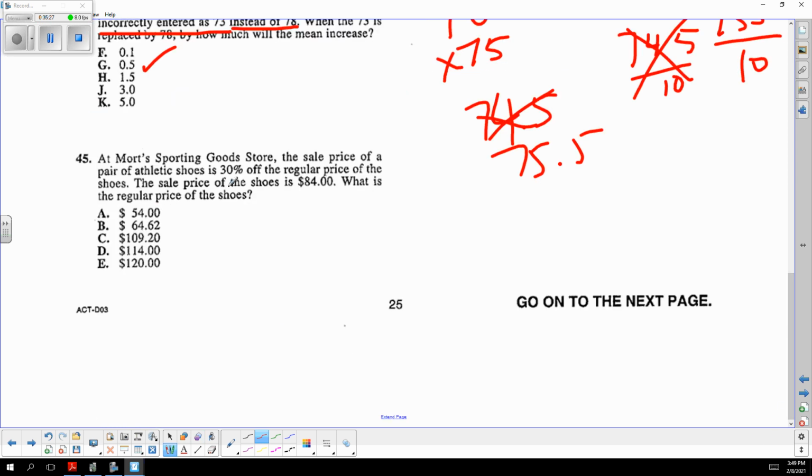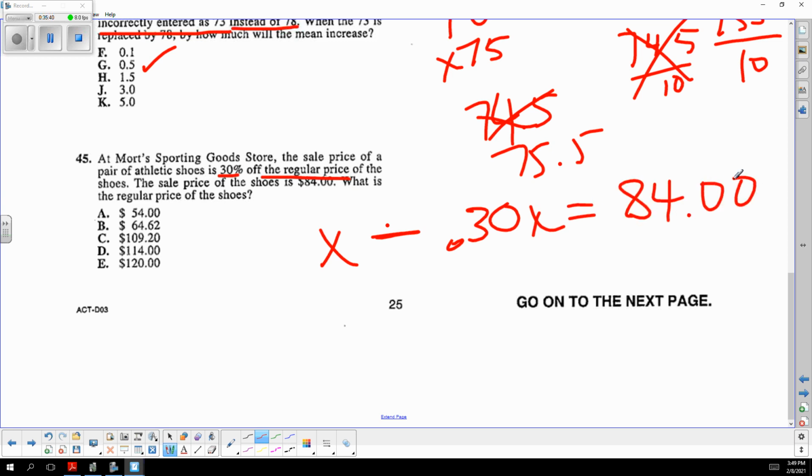45 is a bass backwards. It's 30% off the regular price. So the regular price is reduced by 30% to make 84. So that's how you do that, because they're not giving you who we're taking the 30% of. So it's that equation.